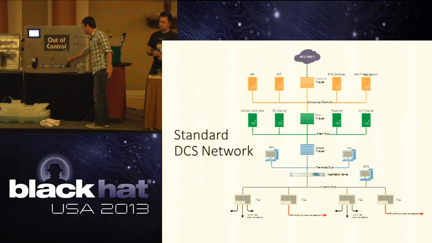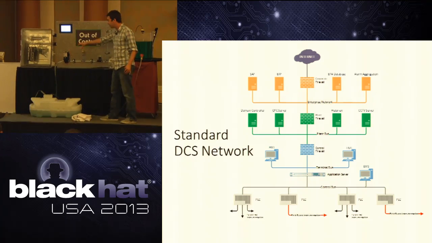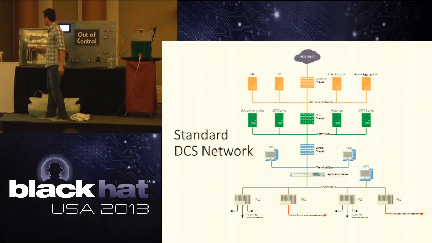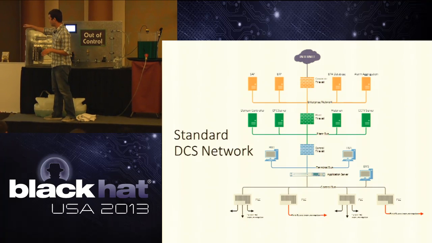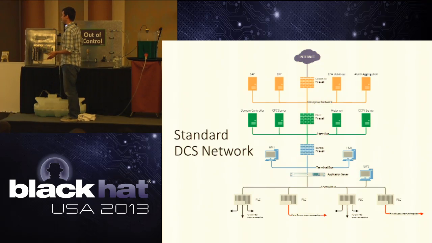This field instrumentation is controlled by the controller itself. The controllers, or the PLCs as we call them, communicate with each other over this control bus, and we go up to the HMI, which is right here, and then we go on the plant bus, and that's where the plant LAN is right there.